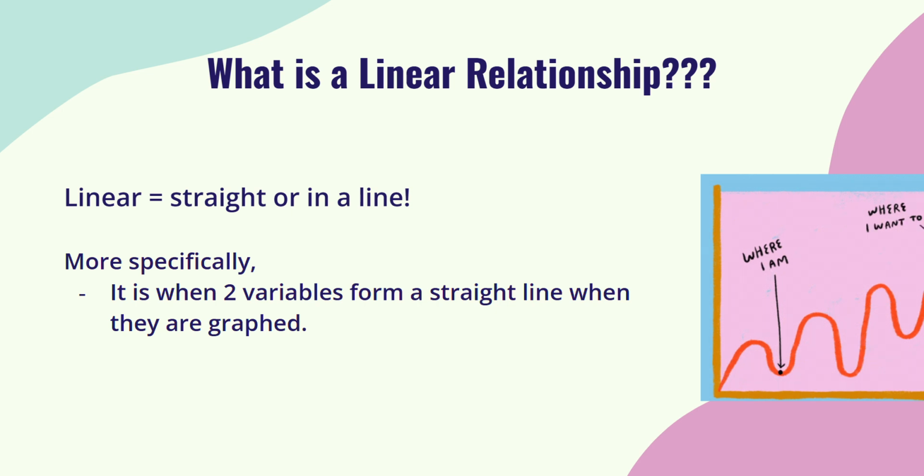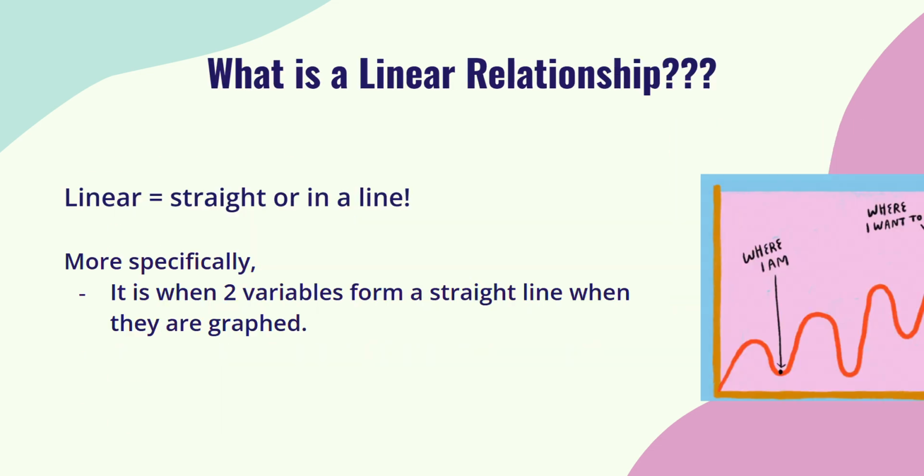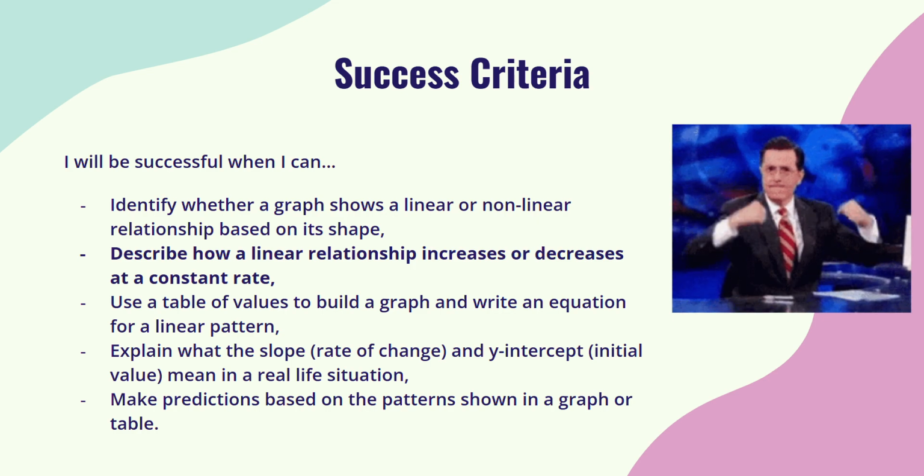Now, as you can see on the right here, it is a graph and it says where I am, that really low point, and where I want to be. And that is essentially why we have our success criteria. We are down at that low point right now, and we want to be able to do all of these various things that are based on our learning goals.